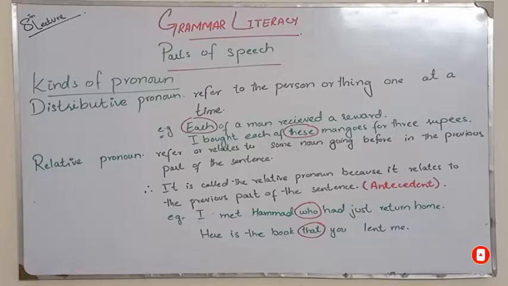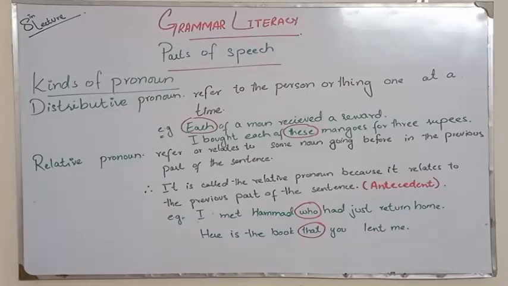The next one is the relative pronoun. Quite tricky kind of pronoun, but it's simple and very easy after understanding. You just have to focus on the word relative, that relates to, that is referring to some other thing. So basically it refers or relates to some noun going before in the previous part of the sentence, like it is going to refer back.